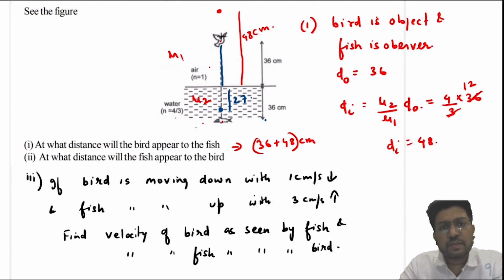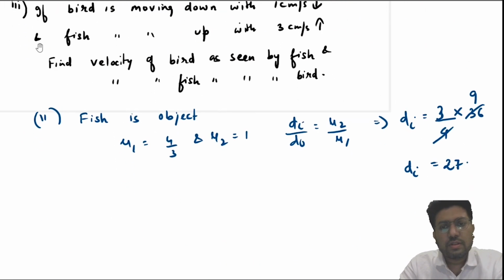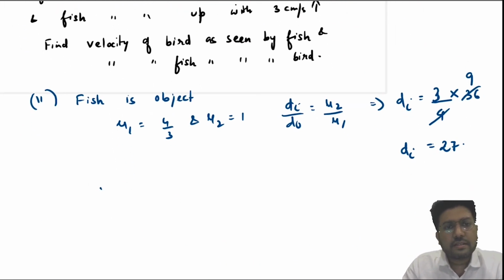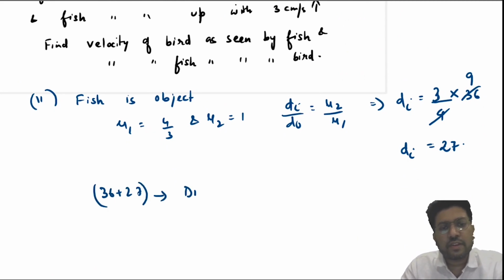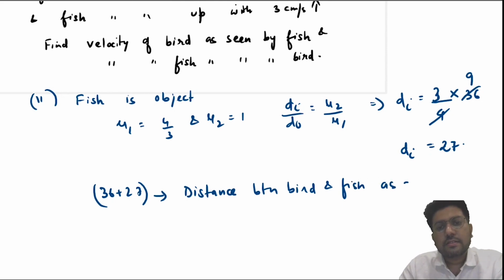So the distance between the bird and fish as seen by the bird is 36 plus 27. So the answer will be 36 plus 27. This is the distance between bird and fish as seen by the bird.